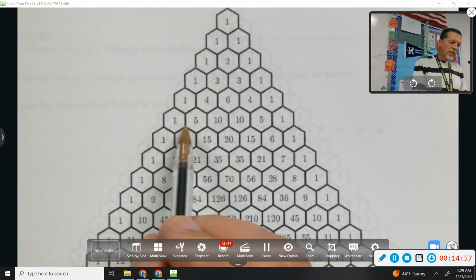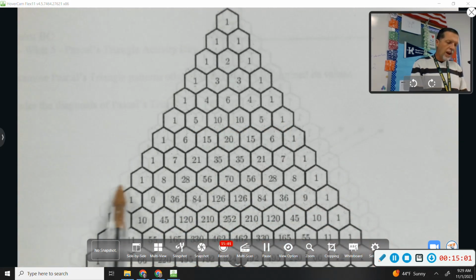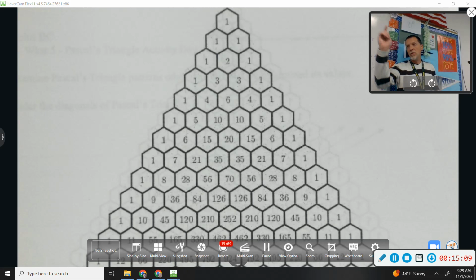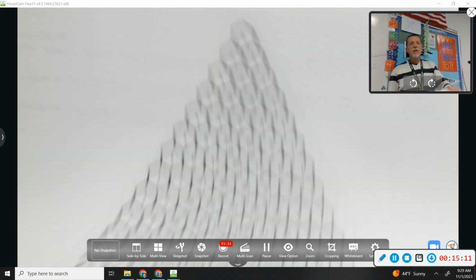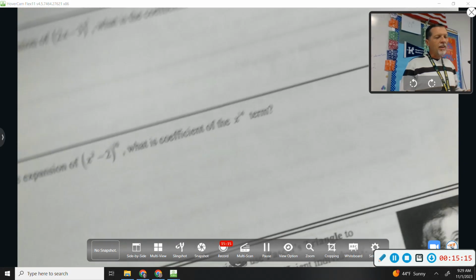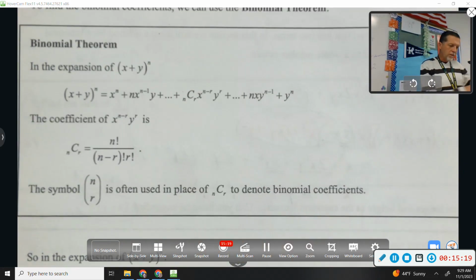There's 1, 5, 10, 10, 5, 1. And there's our row 8: 1, 8, 28, 56, 70. That's Pascal's triangle. So he picked up on that pattern. But before we get to that, let's figure out the explicit way to get to any particular term we want.